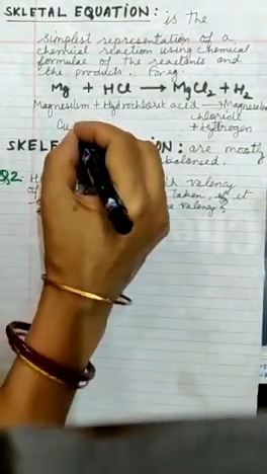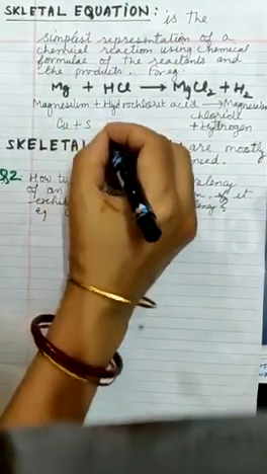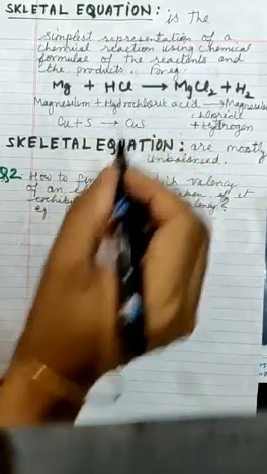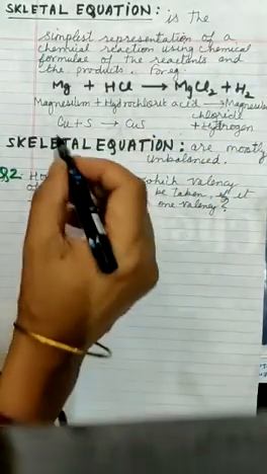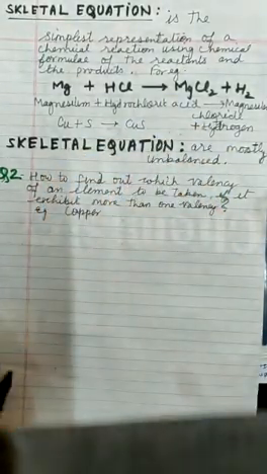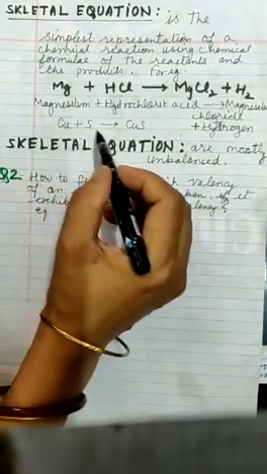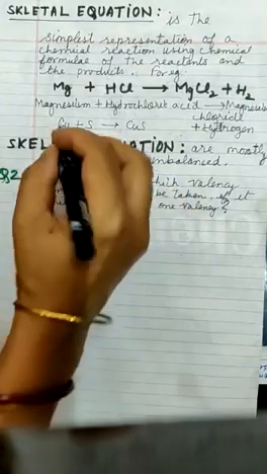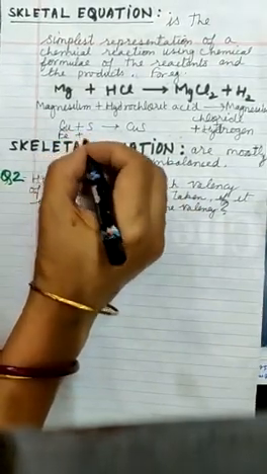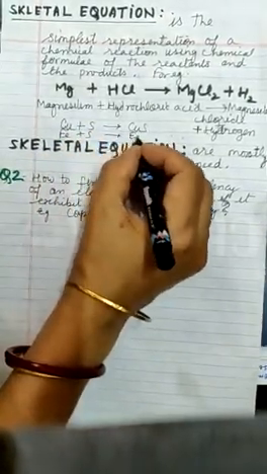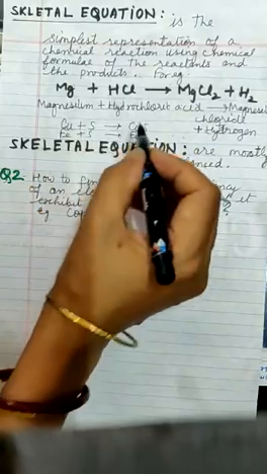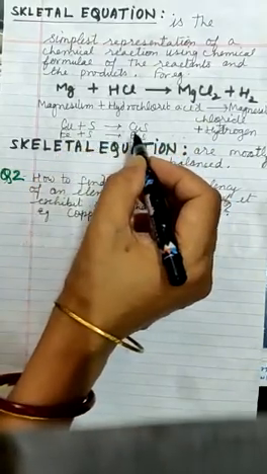See here, Cu plus S, CuS. This is a skeletal equation, and this is not unbalanced. Cu plus S, CuS, or Fe plus S, FeS. Now the number of atoms of each element is the same on both sides in this skeletal equation, so it is balanced.